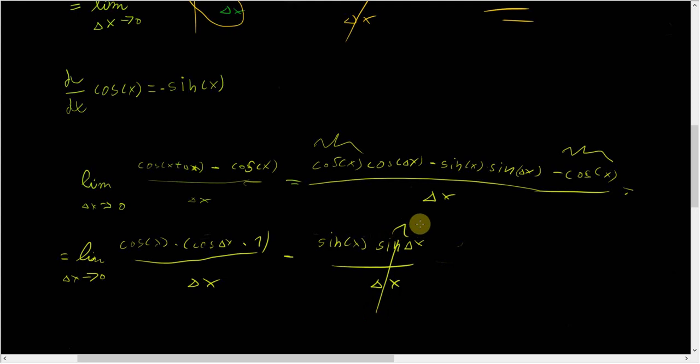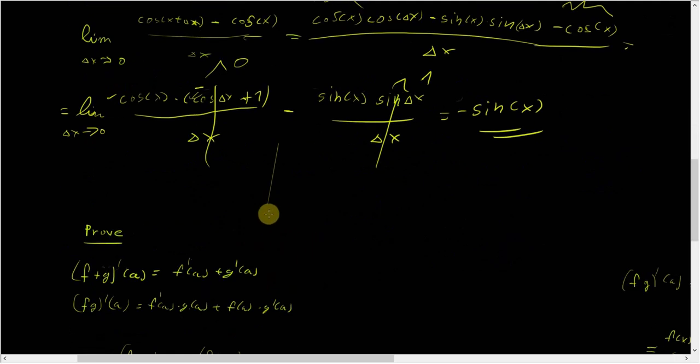We already know this is 1 times sine of x, and if we rewrite this with minus cosine of x, that's 1 minus cosine of delta x, which is the same as our limit, so this goes to 0. We get minus cosine of x times 0 is 0, and we get minus sine of x. So that is the derivative for cosine of x. It's minus sine of x.